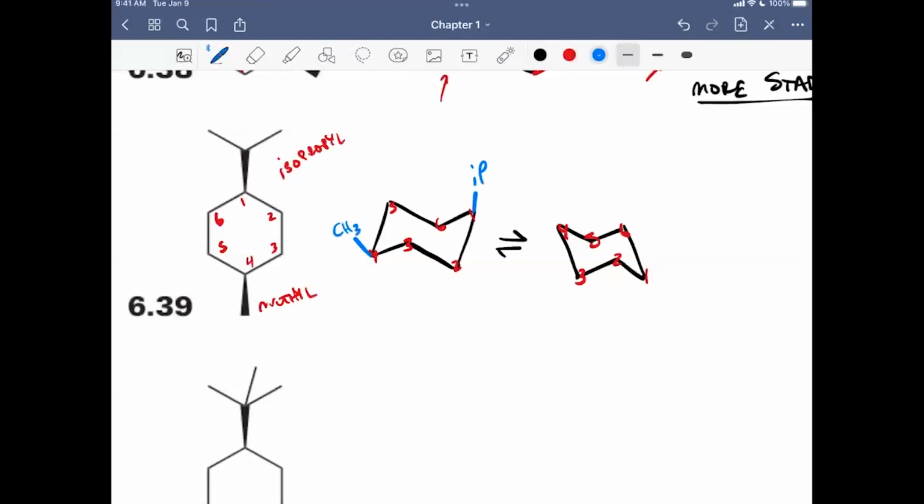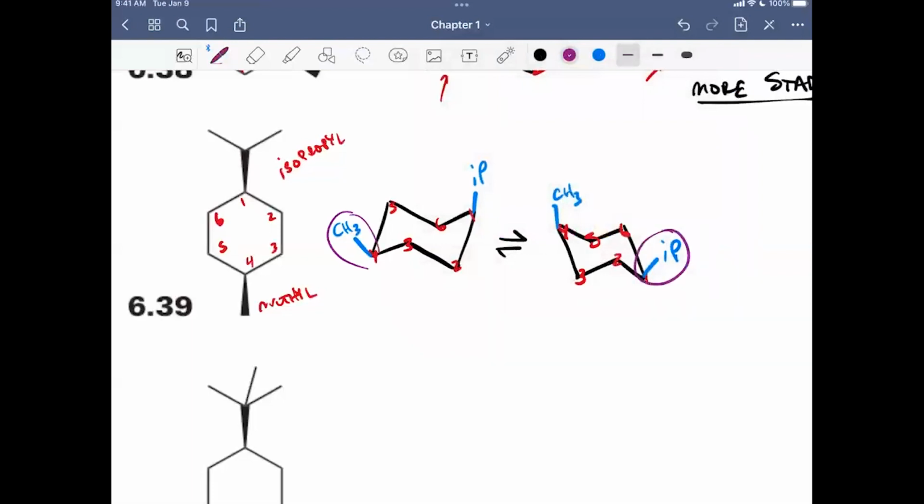Okay. Now on the ring flip, let's do the exact same thing. The isopropyl is still up, and the methyl is still up. Now, what's the difference and how do you determine which one is more stable? Both of these have one equatorial position, right? We have this in an equatorial position and we have this in an equatorial position.